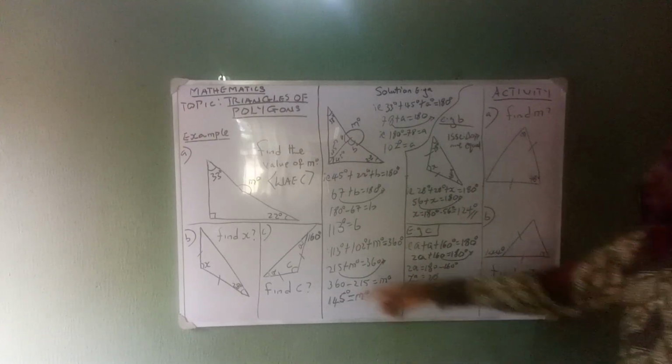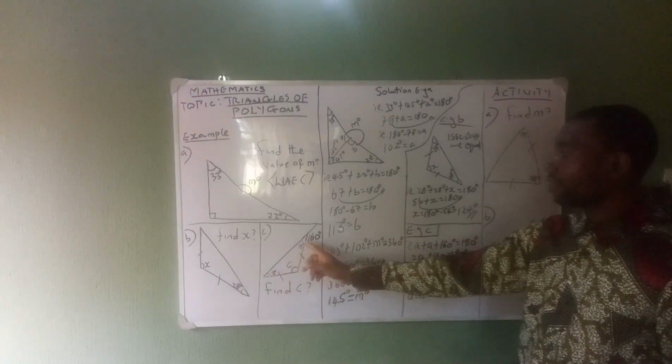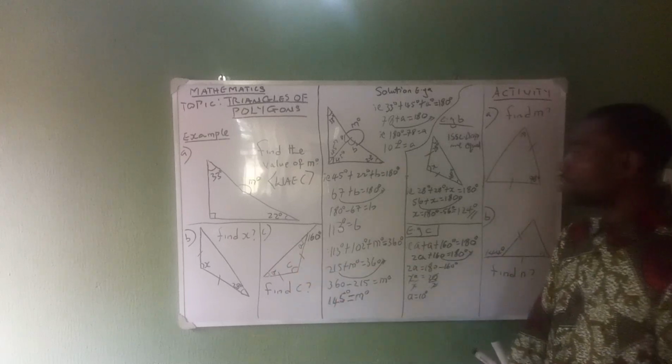So now if here is 10 and here is 10, the sum of this angle here, 10 plus 10, gives us 20.